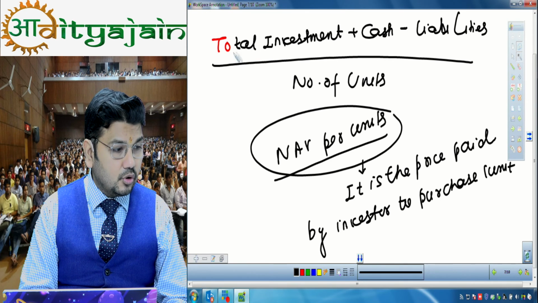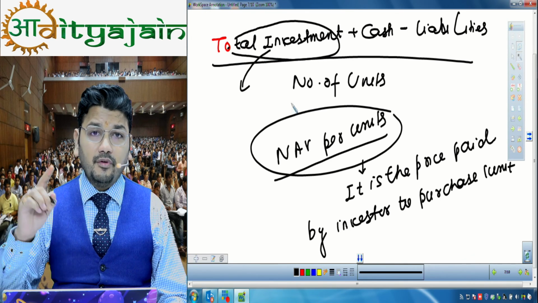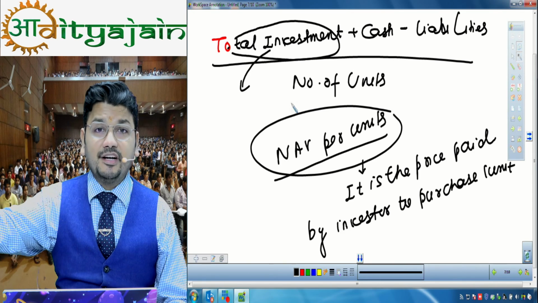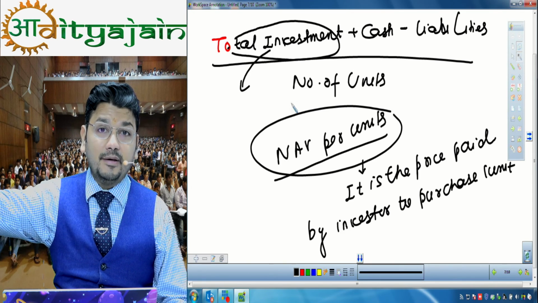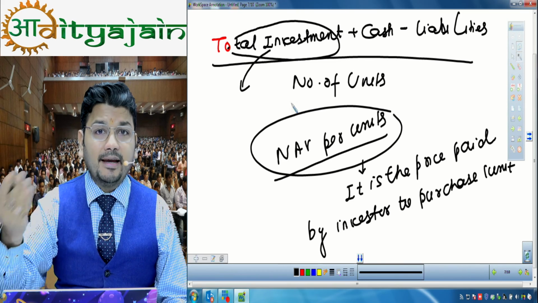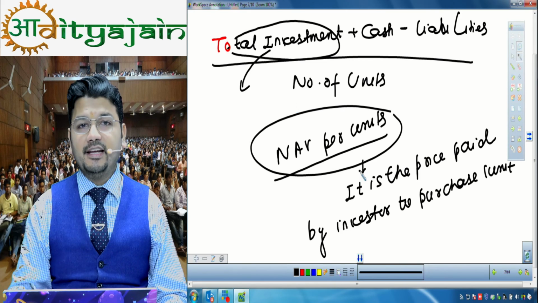And total investment must increase. Let's say my mutual fund has invested in securities like Reliance, Maruti, SBI. If share prices are increasing, then definitely my investment value will increase, and if my investment value increases, my NAV will increase.